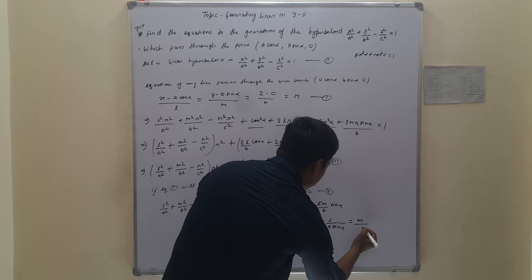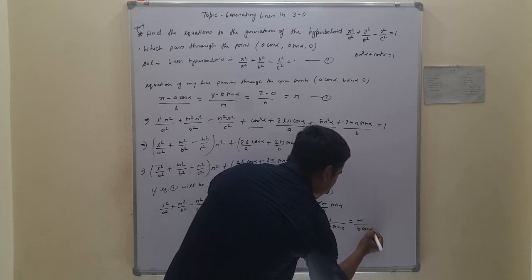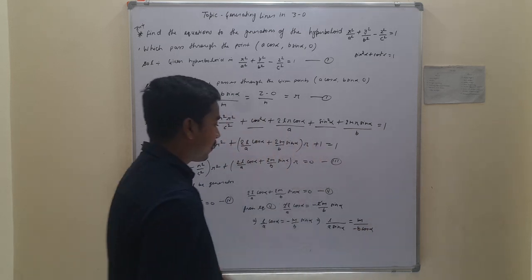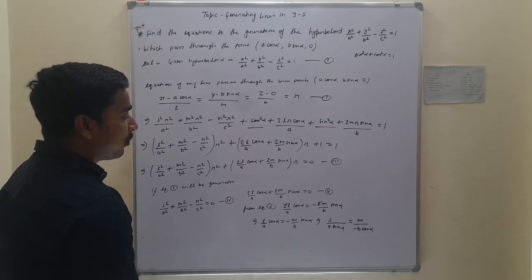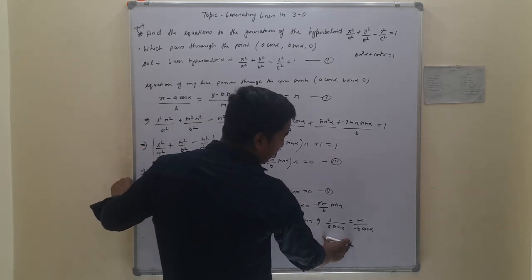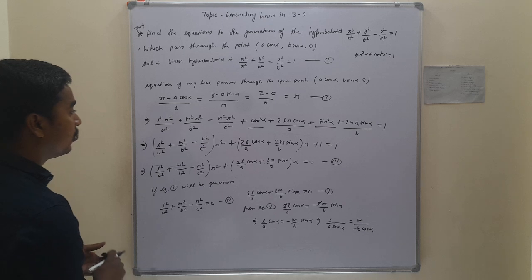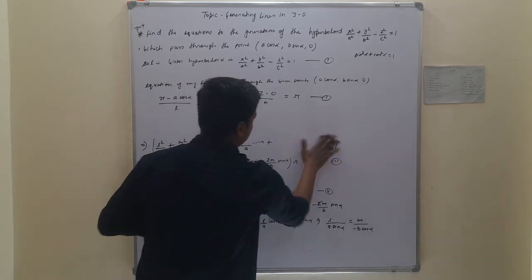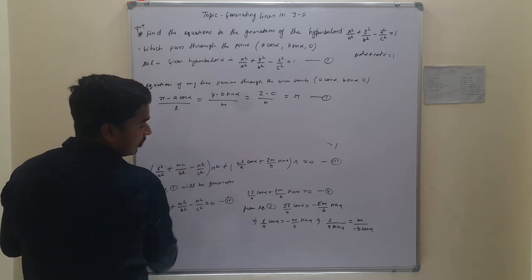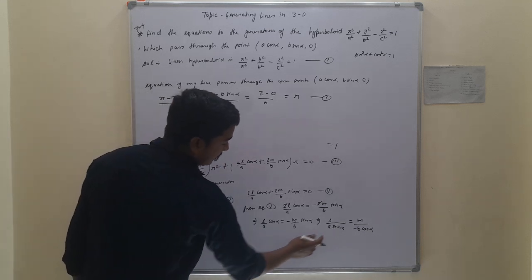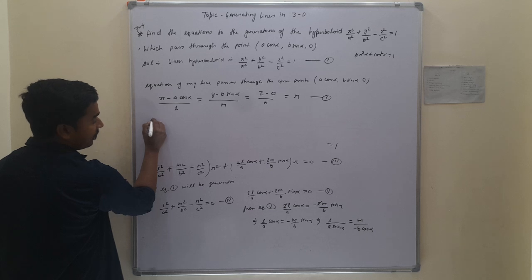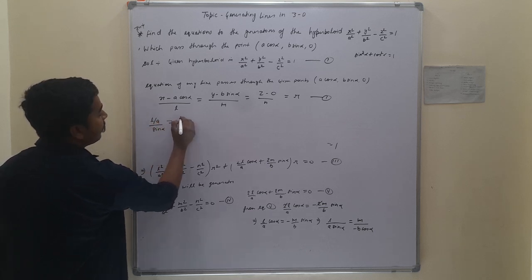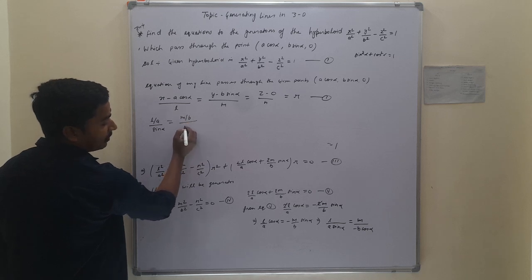When two ratios are given, we have to find the third ratio. So we can write l by a upon sin alpha is equal to m by b upon minus of cos alpha.